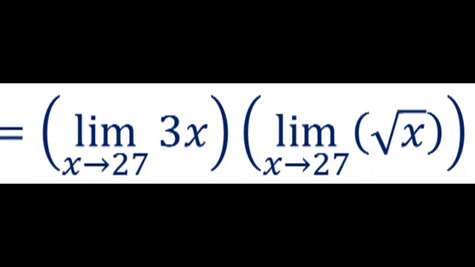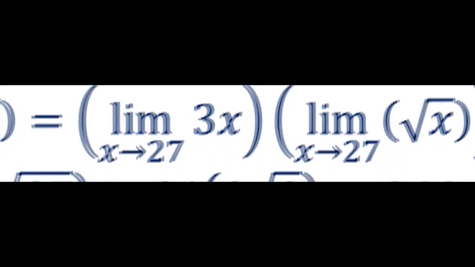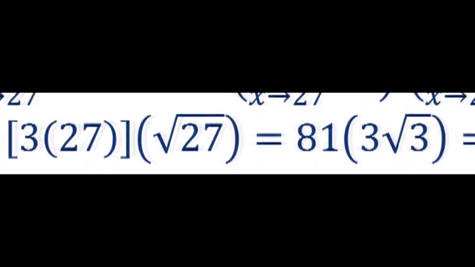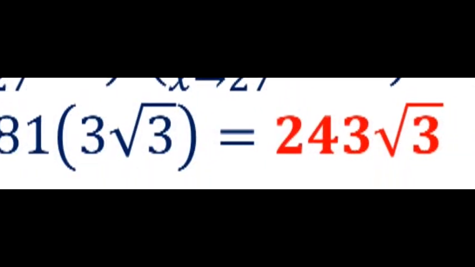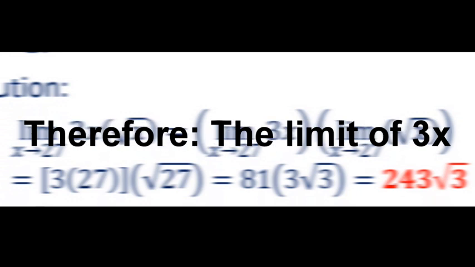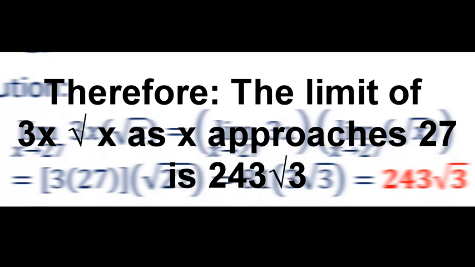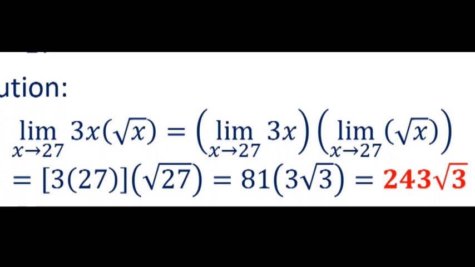And then we just simplify it. The 3 moves in front, and then 3 times 27 times square root of 27. And then take note that 3 times 27 is 81. And then the simplest form of square root of 27 is 3 square root of 3. When you multiply 81 by 3 square root of 3, it gives us 243 square root of 3. Therefore, the limit of 3x square root of x as x approaches 27 is 243 square root of 3. Don't forget to simplify. Okay?